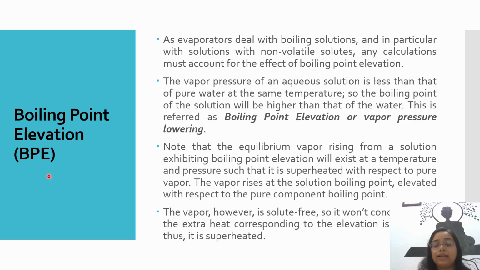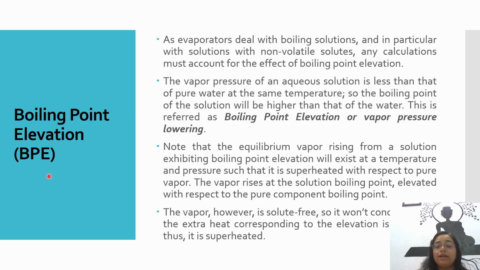Suppose we have taken pure water, its boiling point at atmospheric pressure is 100 degrees centigrade. But suppose now we are gradually adding some sugar, say 5 gram. We will see the boiling point has increased from 100 degrees centigrade.